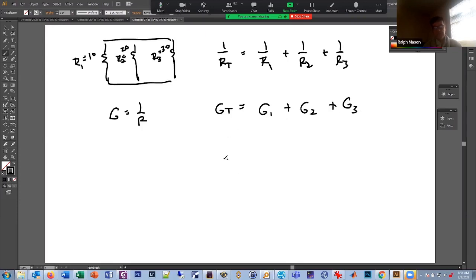And then at the end, we say R total equals 1 over G total. So now this becomes 0.1, 1 over 10, plus 0.2 plus 0.3. I add those up, that equals 0.6, and then our total is just 1 over 0.6. I didn't have to do all this crazy math, right?